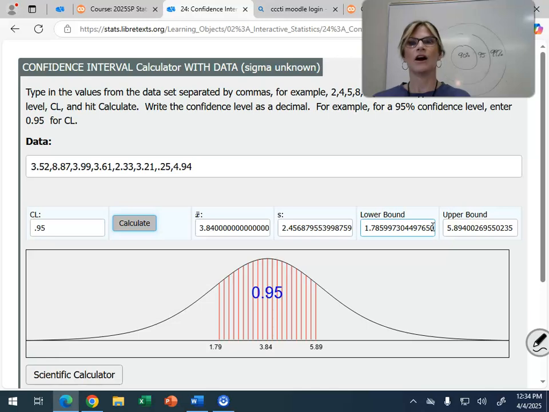And again, always reach out to me if there's anything that I can help you with. And I think these are kind of cool. One last thing. If you are doing this on a different software package, this would be called a T interval. Z intervals are the ones where you know sigma. T intervals are the ones where you don't.